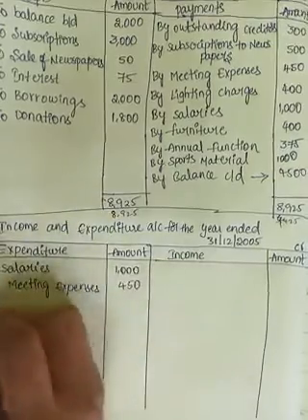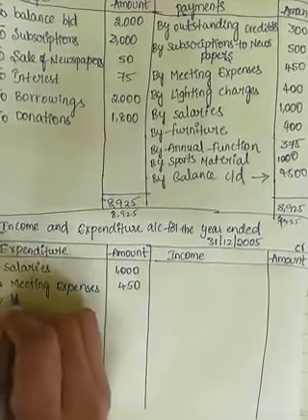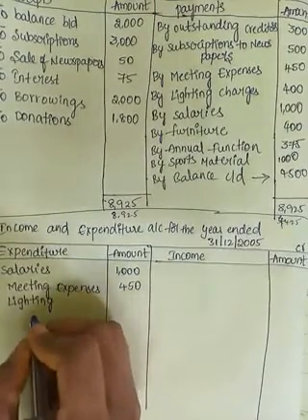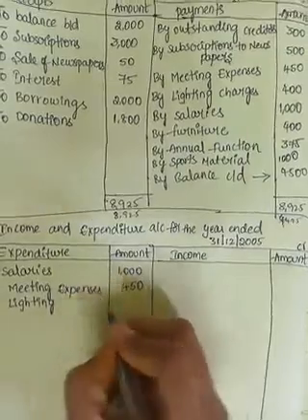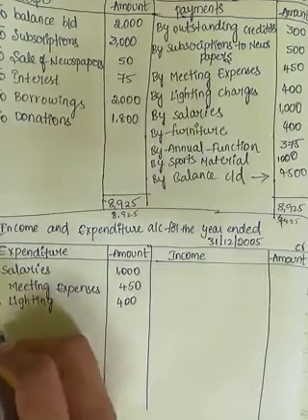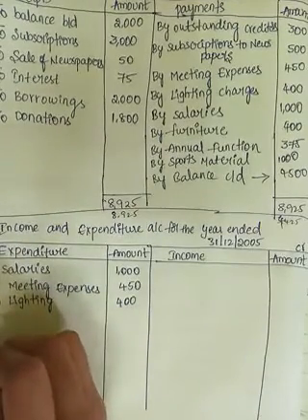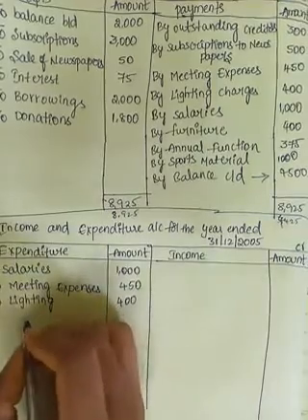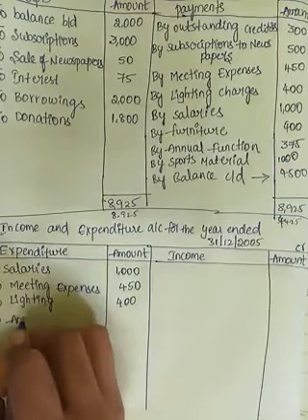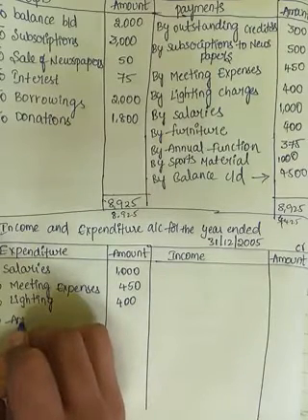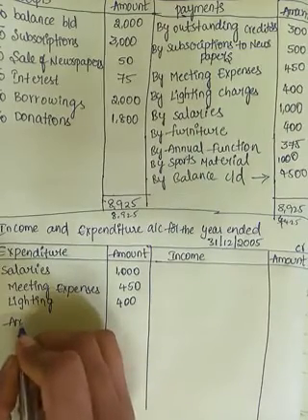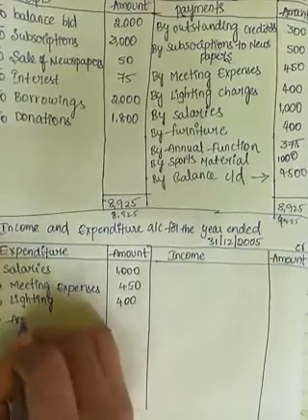Next is to lighting. To lighting is 400. To annual function. Expenditure on annual function is 375.